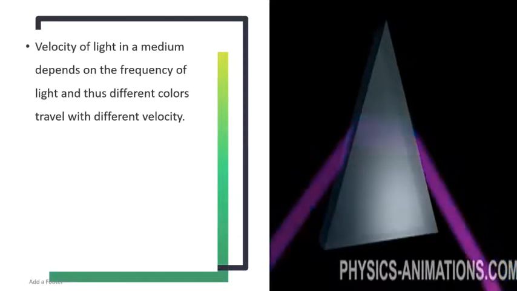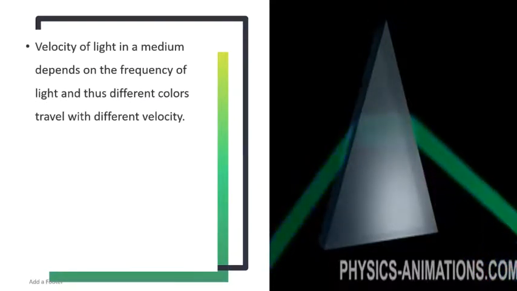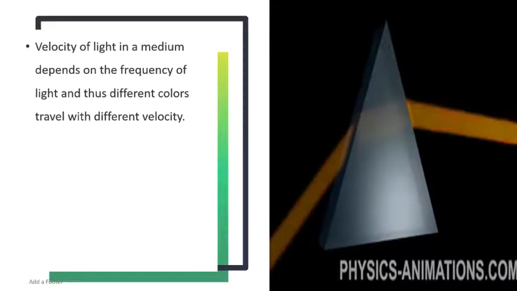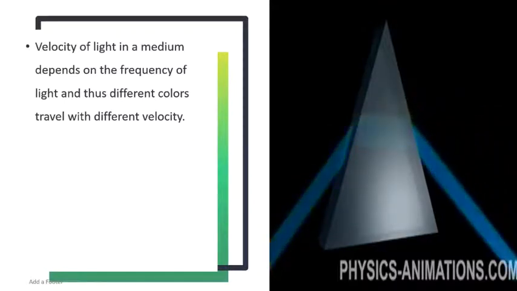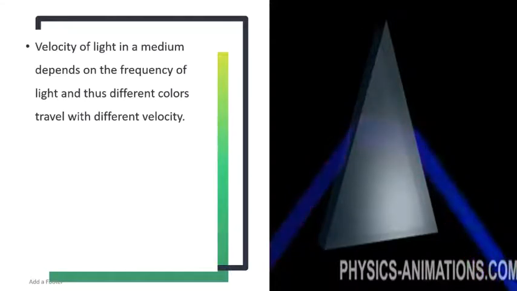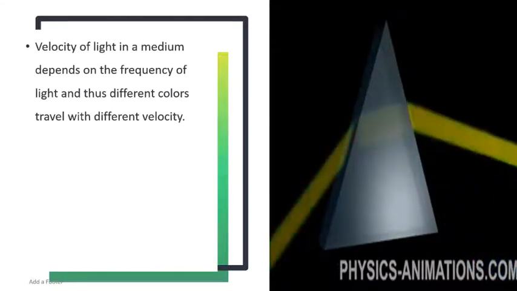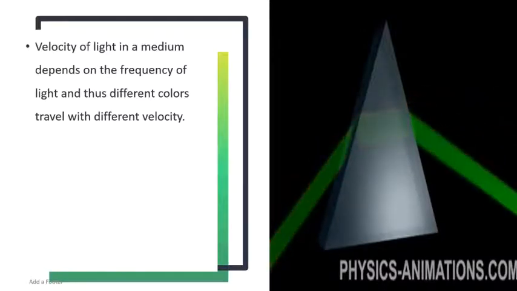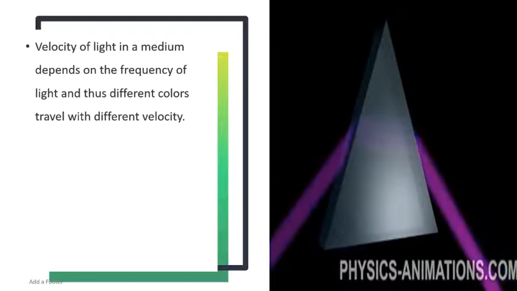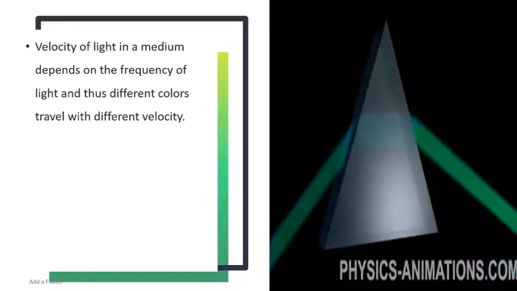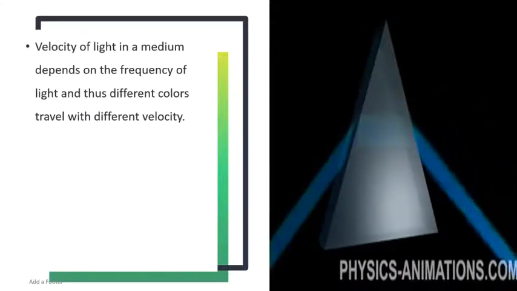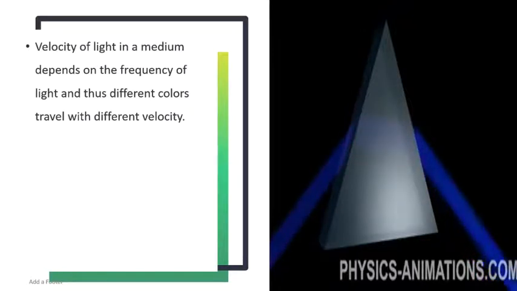Now here in this picture you can see that there is a glass prism on right hand side, and if I take a single ray of different colors, they all are getting refracted inside the glass slab, and when they come out they have different angles of bending. So from this we can come to know that the velocity of these colors inside the medium is different as compared to the velocity of these colors outside the glass slab, in the air.